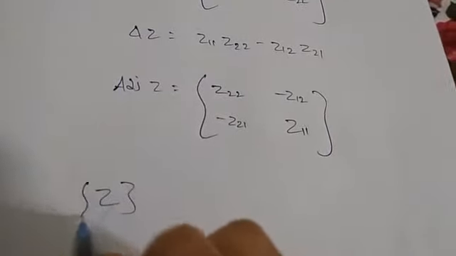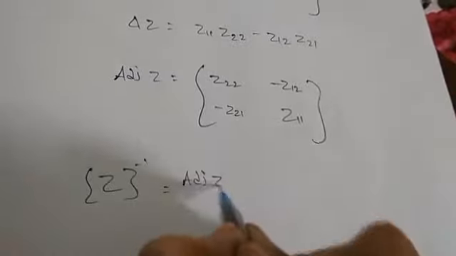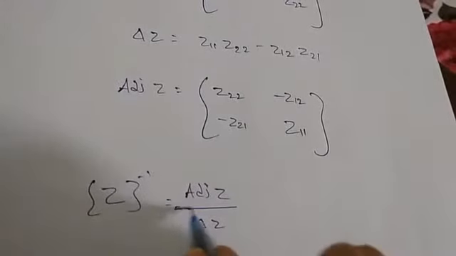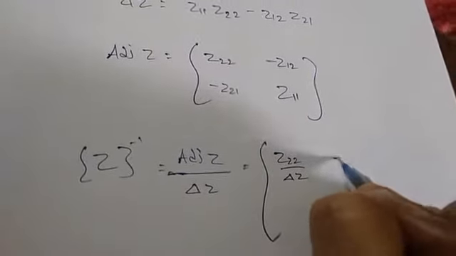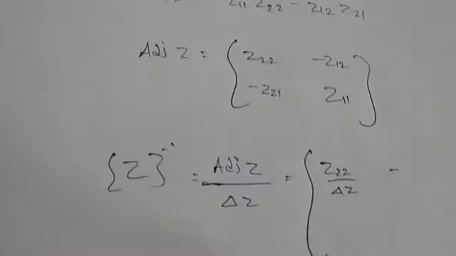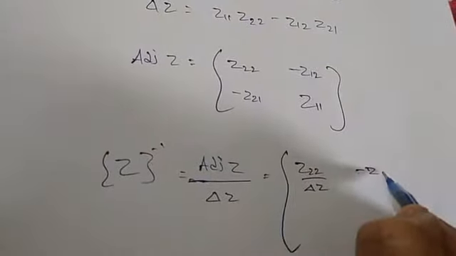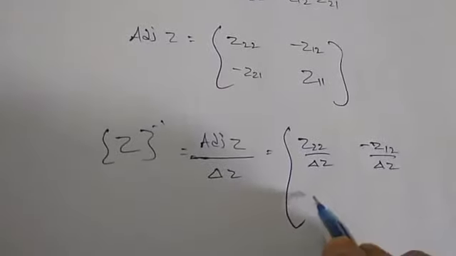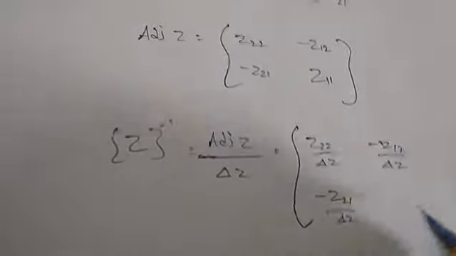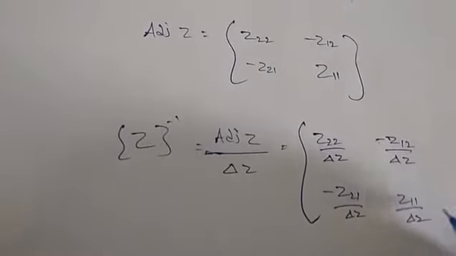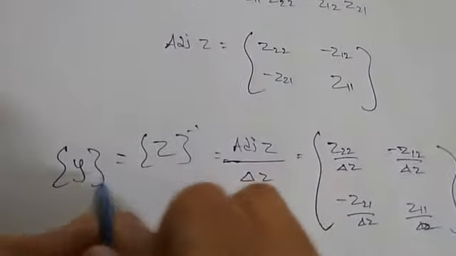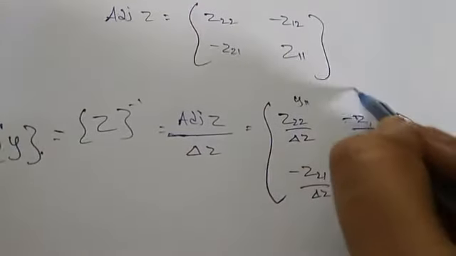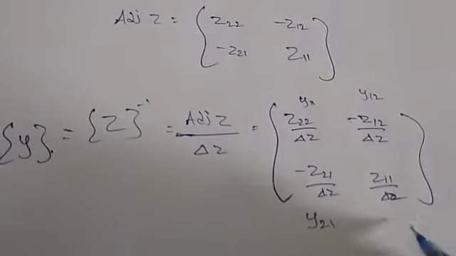Z inverse is nothing but adjoint of Z divided by det of Z: Z22 divided by det Z, minus Z12 divided by det Z, minus Z21 divided by det Z, Z11 divided by det Z. I am not writing the entire equation, simply mentioning det of Z. This is nothing but your Y parameters: Y11, Y12, Y21 and Y22.